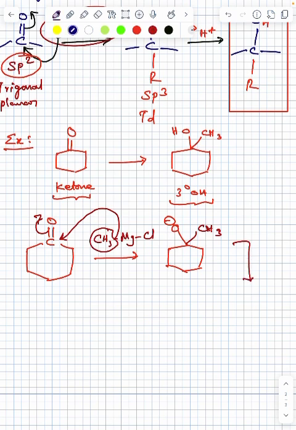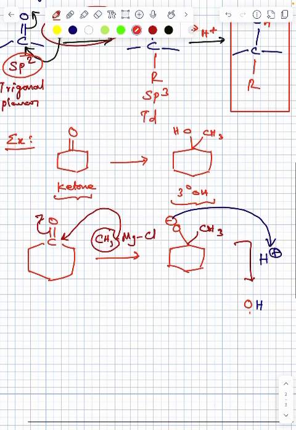After I do the protonation, now what will happen? The O minus abstracts the proton, and I can expect the alcohol, with the C, O, and this CH3 and this CH3. So this is a way of getting tertiary alcohol, secondary alcohol and primary alcohol.